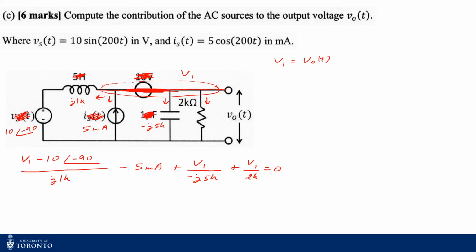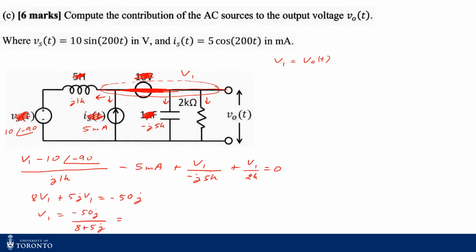Once I simplify, I get 8V1 plus 5j V1 equal to minus 50j. So what's my V1? Minus 50j divided by 8 plus 5j.